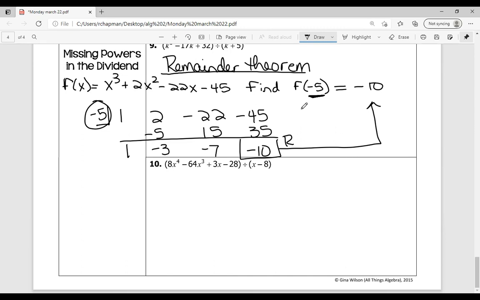So you do have a couple of these problems in your homework because I just looked in your long division and synthetic division. It does not specify if you use long division or synthetic. I would assume most of you will use synthetic because I think it's easier. But you do have a couple of these problems. You can use synthetic division and the remainder is always the answer, or you can do old school and plug negative 5 into the problem and out comes negative 10.